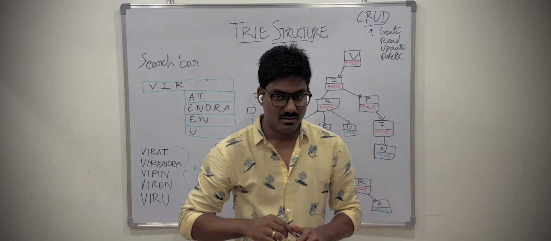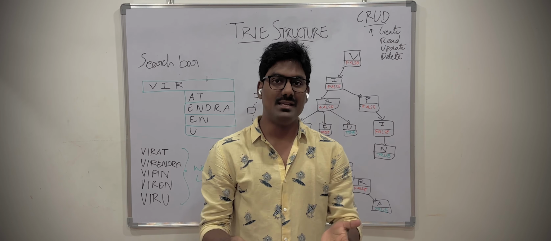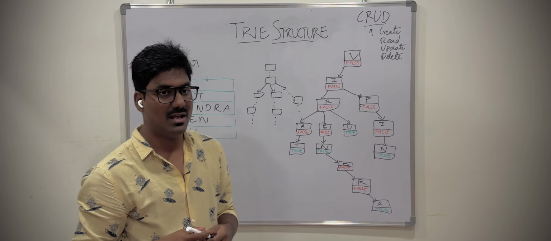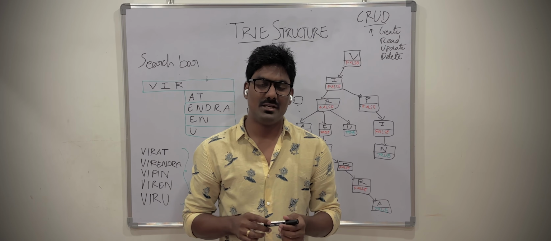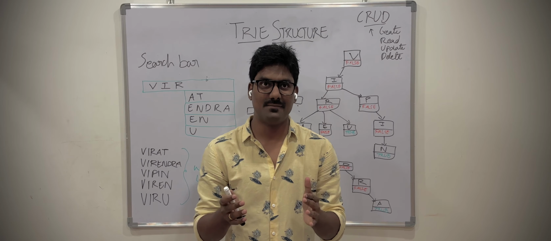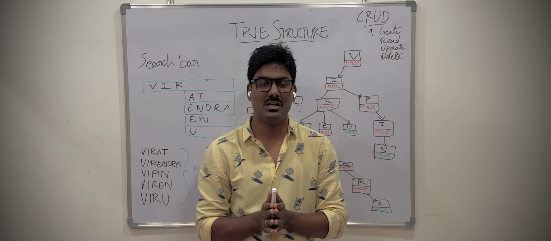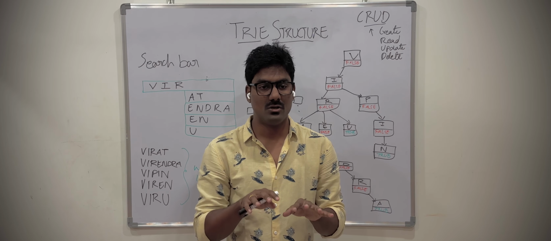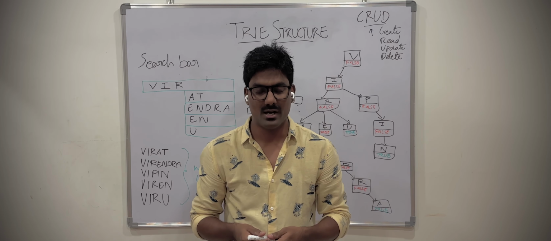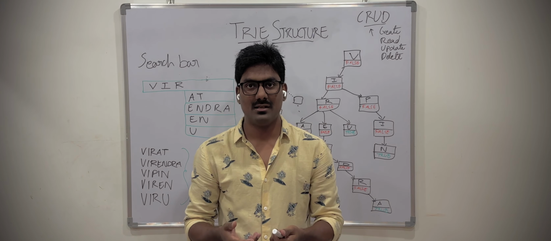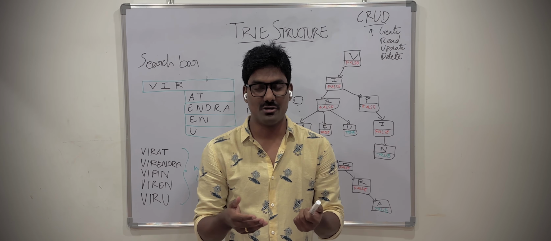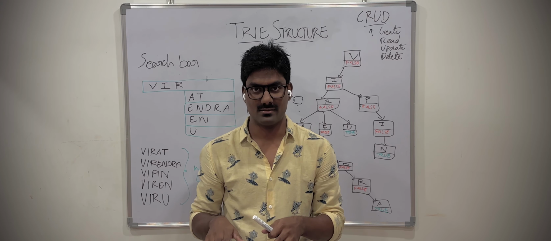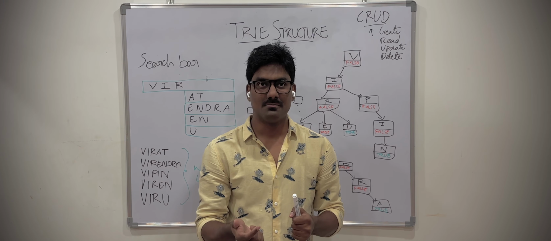When a trie is used as a data structure, it is usually useful for retrieving data in order to autocomplete. Let's assume a scenario where you're typing something in a search bar and you don't know how to spell the word completely, so you just enter some characters.